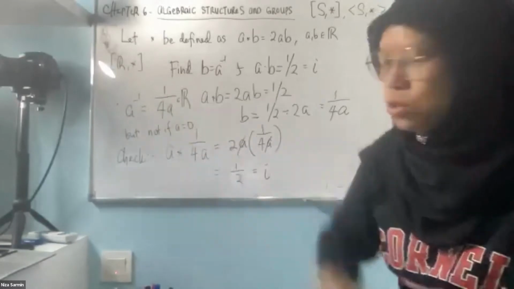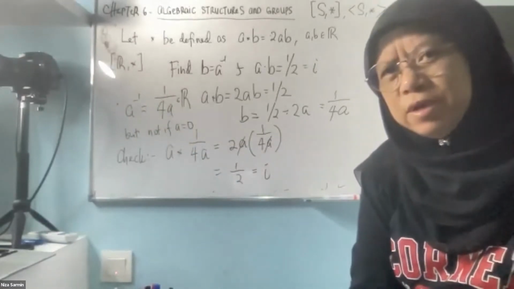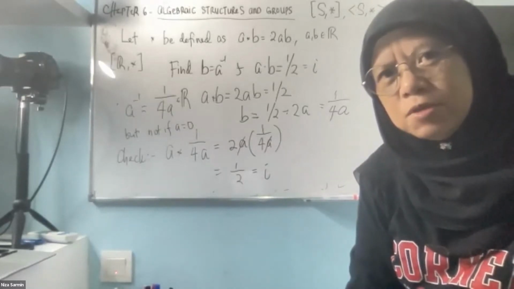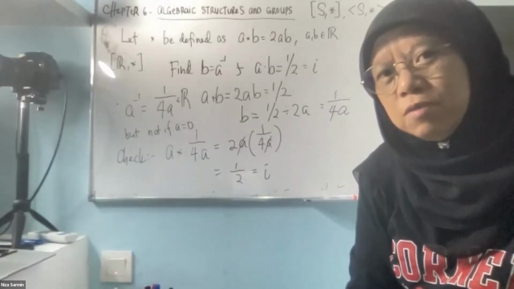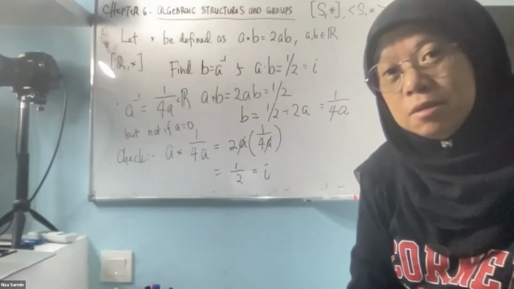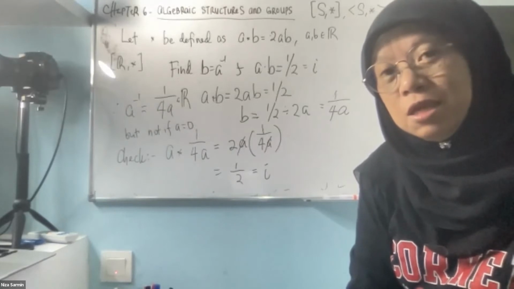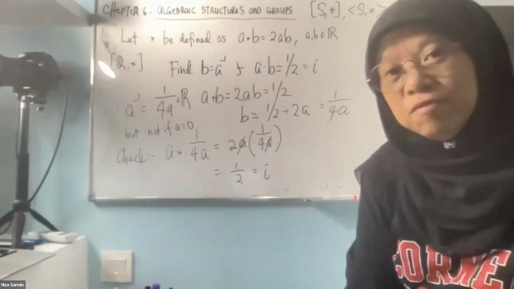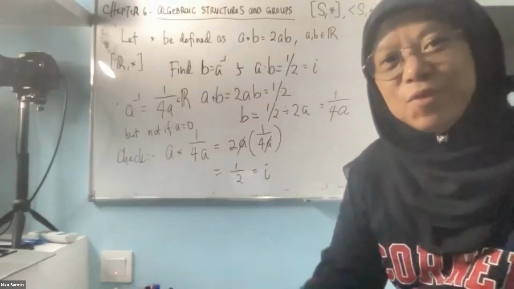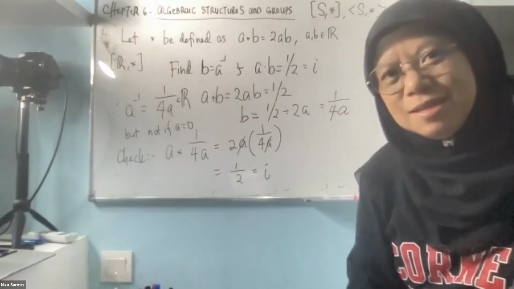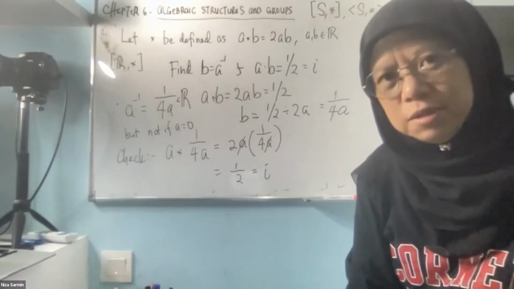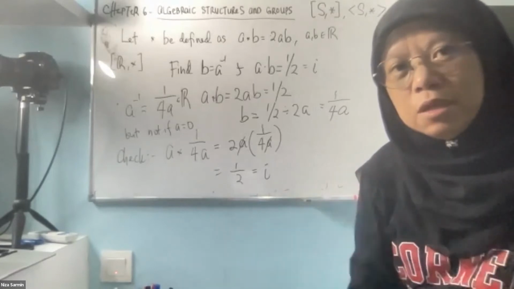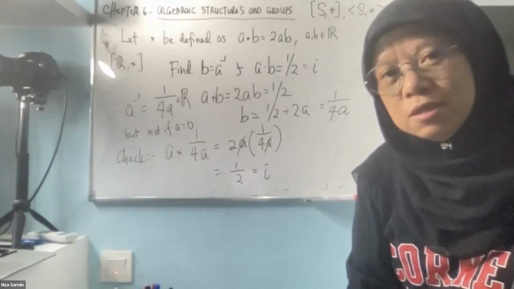Like 0 inverse is 1/0, undefined. So because of the 0, there is no inverse for all elements of this set. So we say the inverse does not exist for all elements in the set. The inverse does exist for all except for 0. So in general, we don't have the inverse for all elements in the set. Okay, this is very important, especially when we want to show or decide whether a set is a group or not.